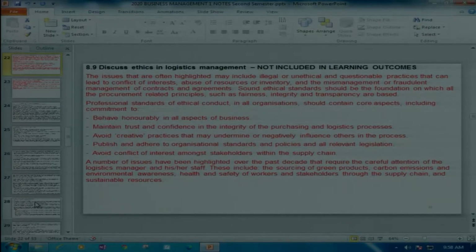Sound ethical standards should be the foundation on which all the procurement-related principles such as fairness, integrity, and transparency are based.